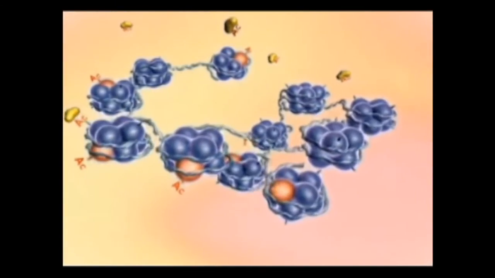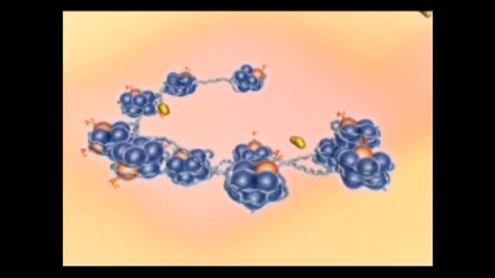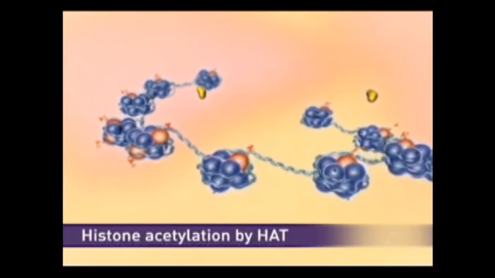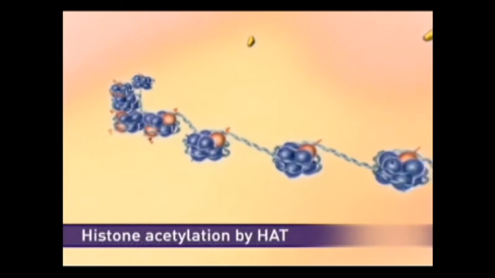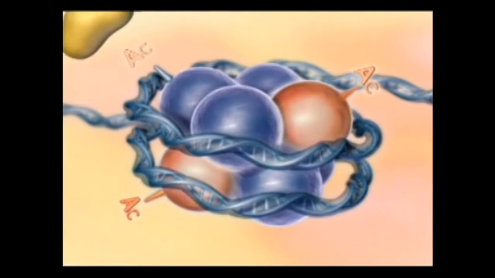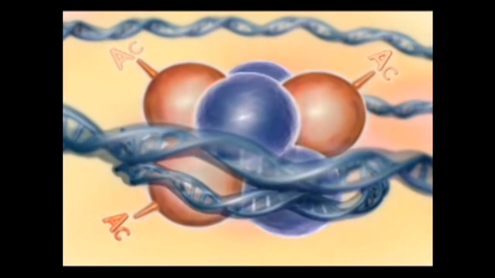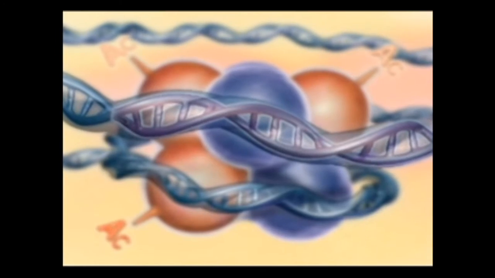For a gene to be transcribed, it must become physically accessible to transcriptional machinery. Acetylation of histones by HAT causes uncoiling of DNA and an open chromatin structure. This causes genes to become accessible to transcription factors, allowing gene expression to occur and proteins to be made.